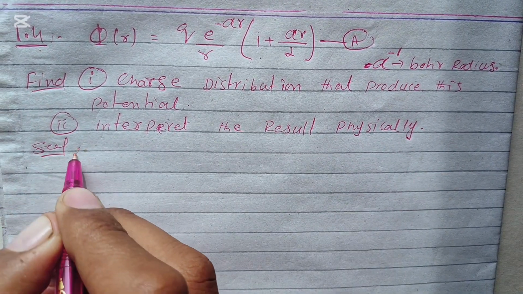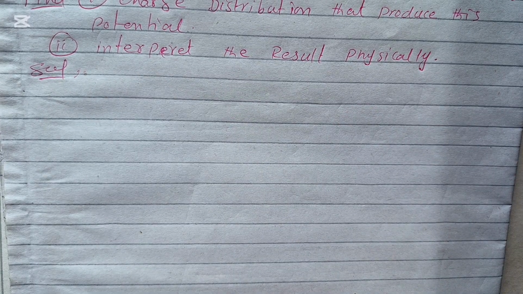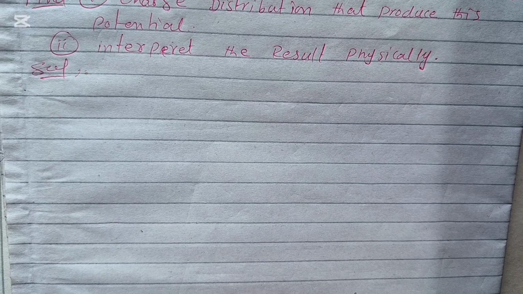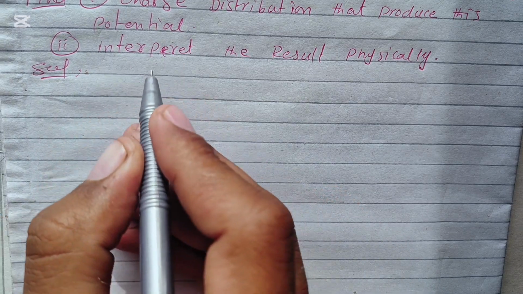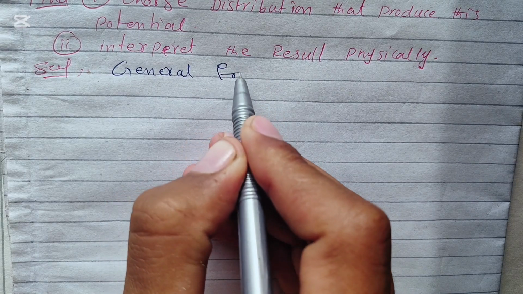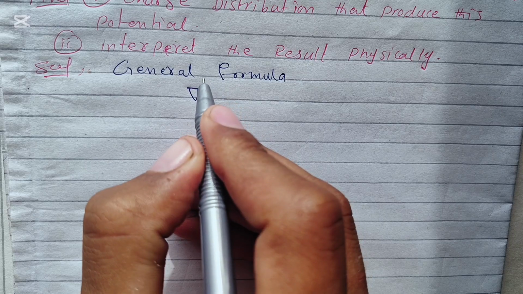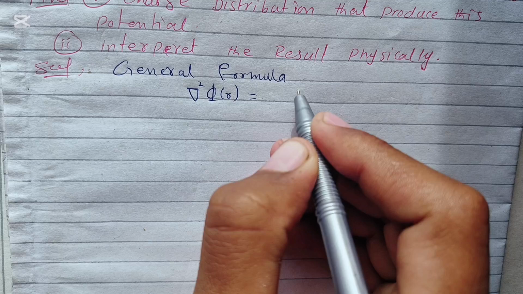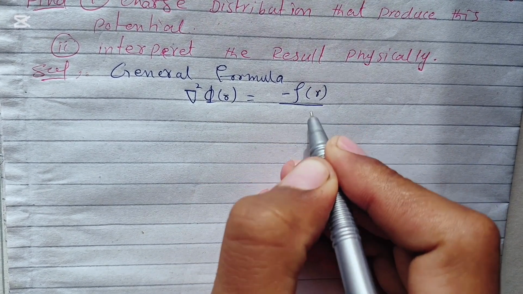Now the solution starts. The general formula uses Poisson's equation, which is given by del square phi of r equals negative rho divided by epsilon naught.